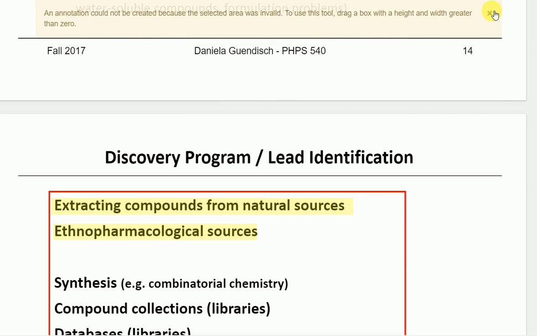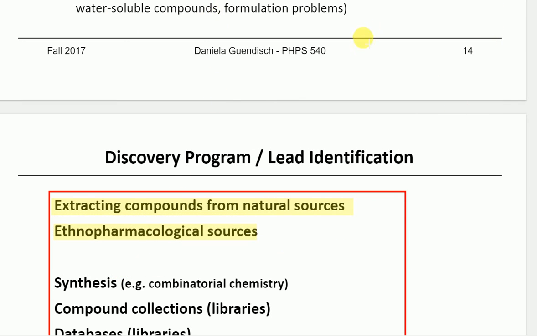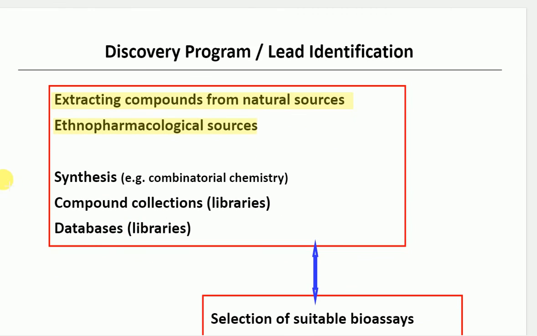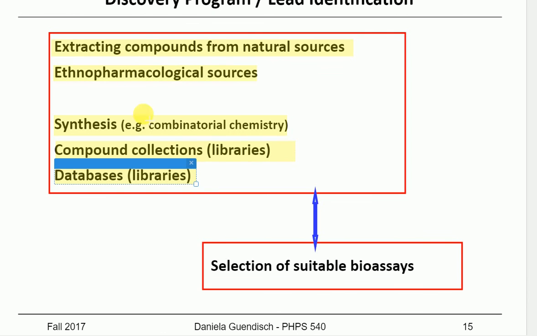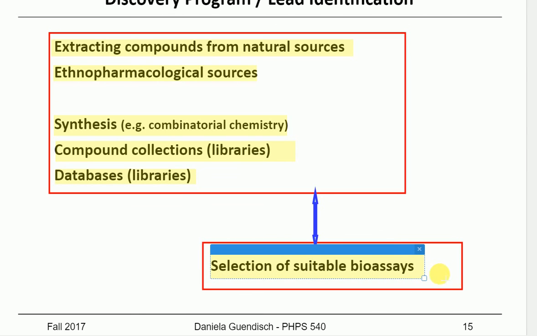Okay, that's fine. Synthesis. So a synthesis example would be combinatorial chemistry. Compound collections, libraries, and databases, also from libraries. So these would probably be ethnopharmacological sources. And the next part of the process would be the selection of suitable bioassays.